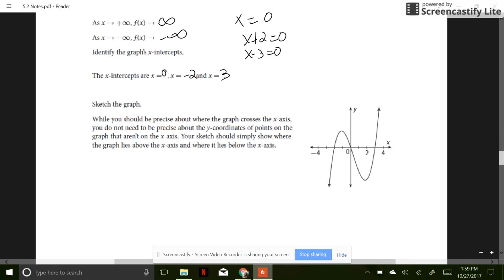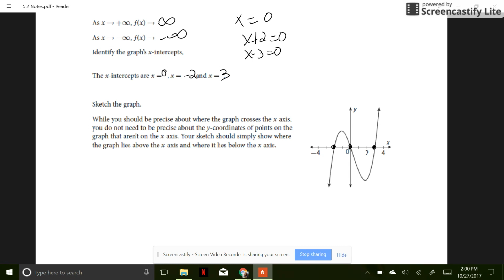So when we sketch the graph, we need to be really precise about those intercepts where we cross the x-axis. We don't need to be as precise about the y-coordinates, but we need to be really precise about these points where we're crossing the x-axis. So that should always be the first thing you plot, the intercepts. In this case, we've got 0, -2, and +3.